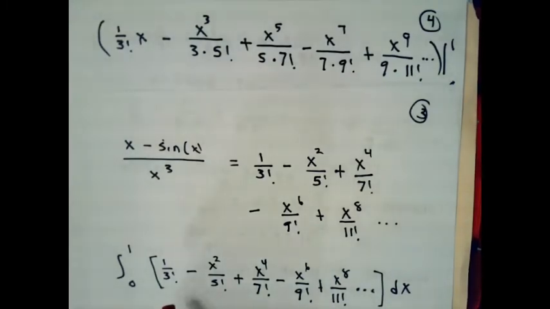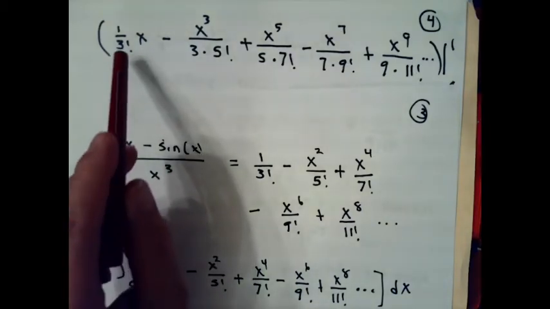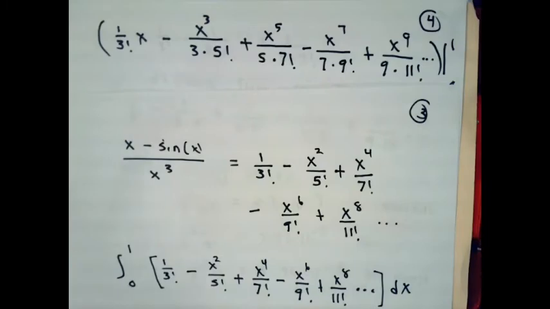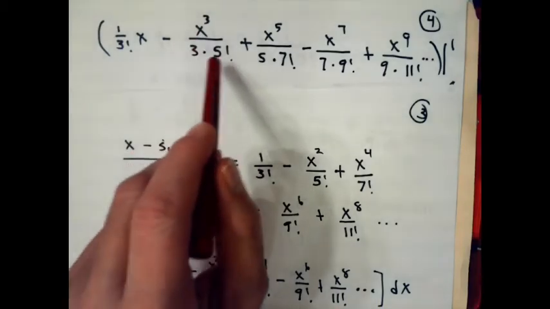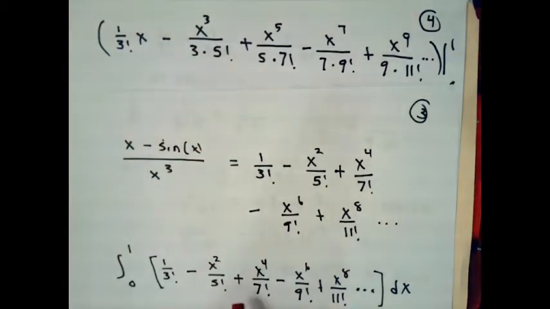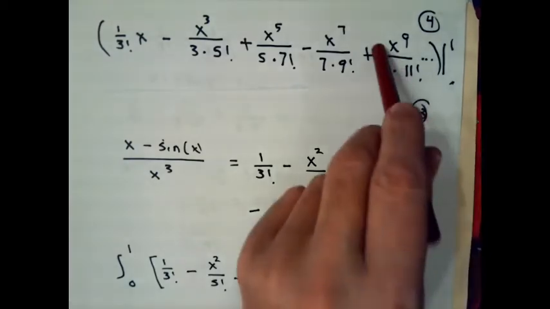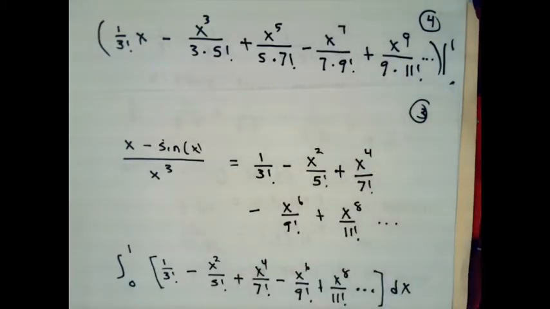The integral of the constant 1 over 3 factorial is 1 over 3 factorial times x, minus the antiderivative for x squared, which is x cubed over 3. Don't forget about the 5 factorial: x cubed over 3 times 5 factorial, plus x to the 5th over 5 times 7 factorial, minus x to the 7 over 7 times 9 factorial, plus x to the 9 over 9 times 11 factorial, and so on and so forth.